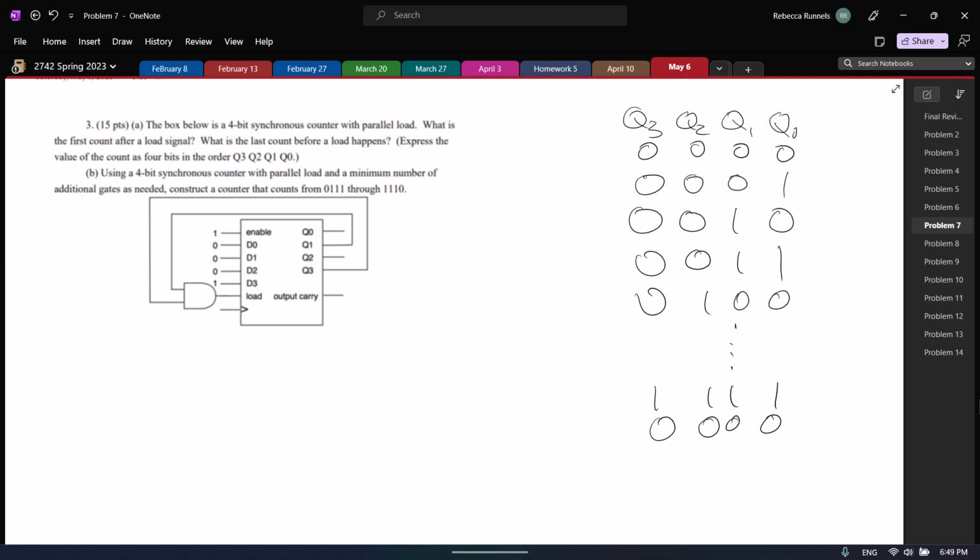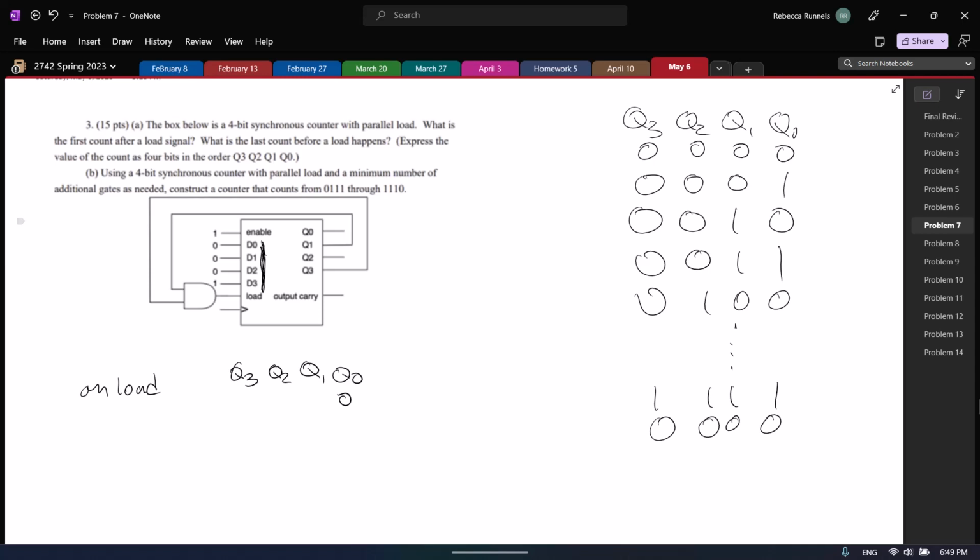But you can load things and you can use this load to make it do something different. So this one says, what is the first count after a load signal? When it gets a load signal, then it loads the values that are here on our Ds. And so on load, we have Q0, Q1, Q2, Q3.